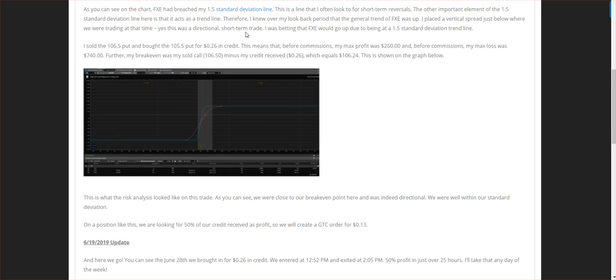So I had a break even of 106.24, which is this line right here. This right here is the one standard deviation expected move during that time, so we are clearly skewed in our favor, and we entered a good till canceled order to buy back the entire spread at 13 cents.